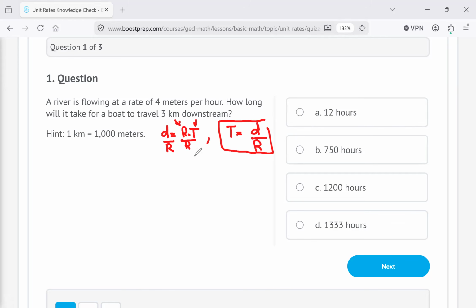We can also start from this formula to find the rate. If you want to solve for the rate, you get rid of the t by dividing both sides by t.